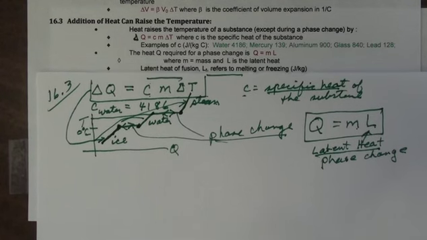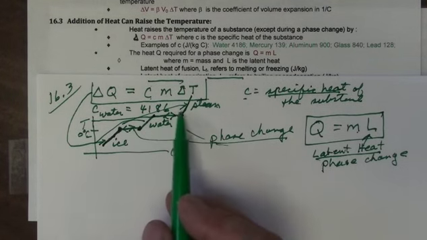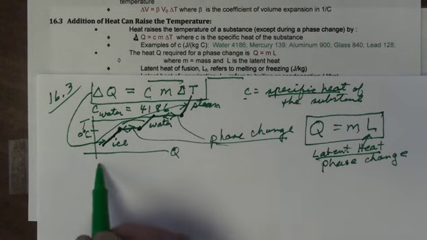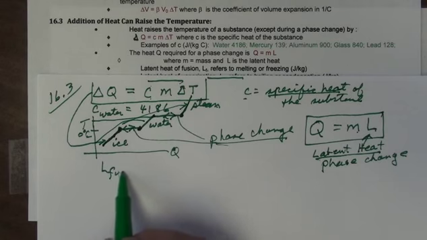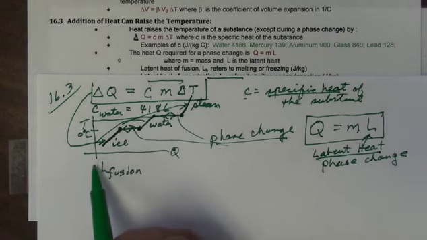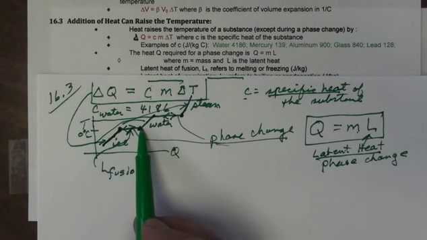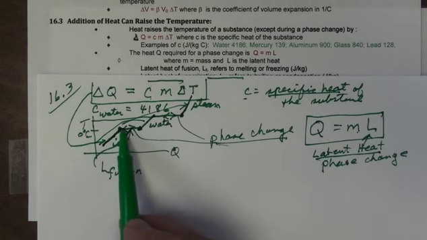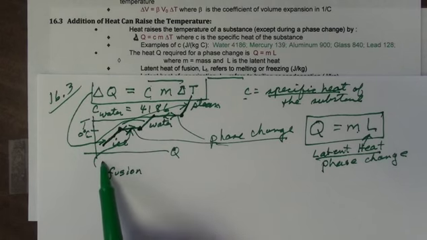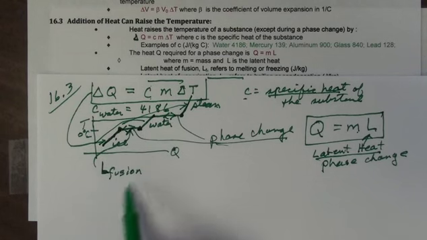And if we look at the latent heat, we're going to have two different kinds for each substance. One is the latent heat of fusion. A fusion is this transition right here, when we go from solid to liquid, or liquid to solid. We're performing a fusion if we think of the liquid going back to a solid.